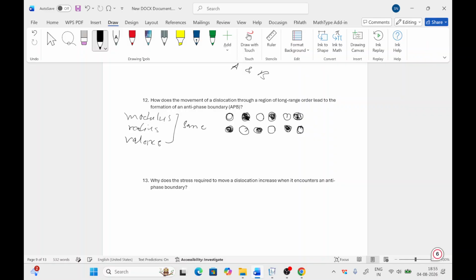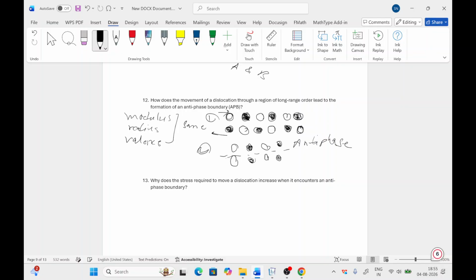So when the above plane displaces from its position, similar types of atoms will come in contact. In the second condition, same type of atoms will come next to each other. So this will create some type of boundary, which is called the antiphase boundary.